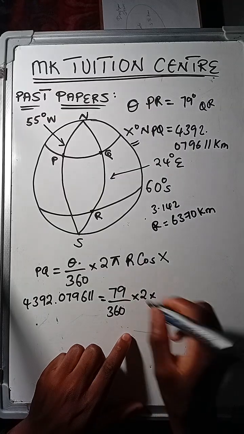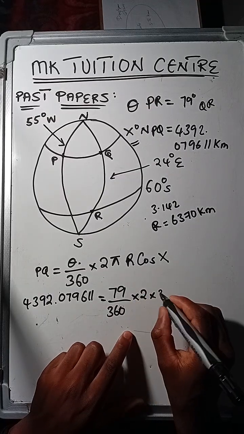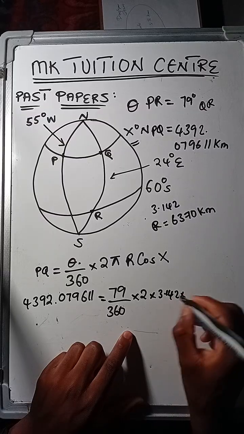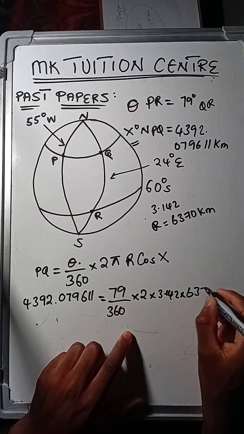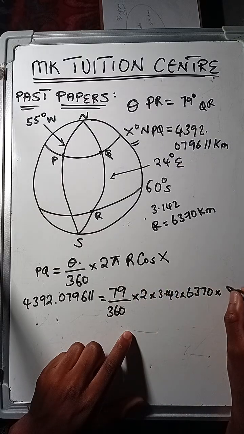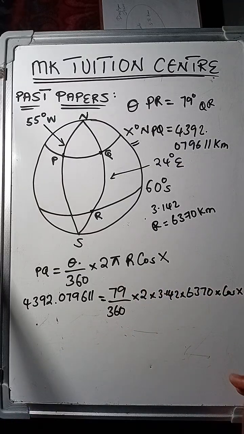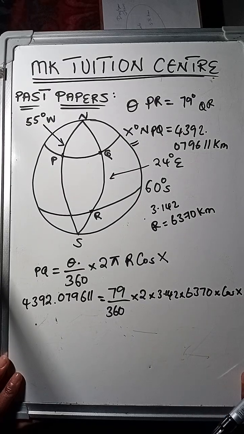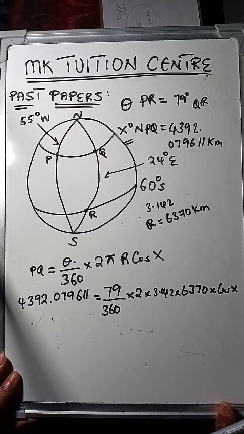So we're going to have 2 pi r, which is 3.142 times 6370 times cos x.